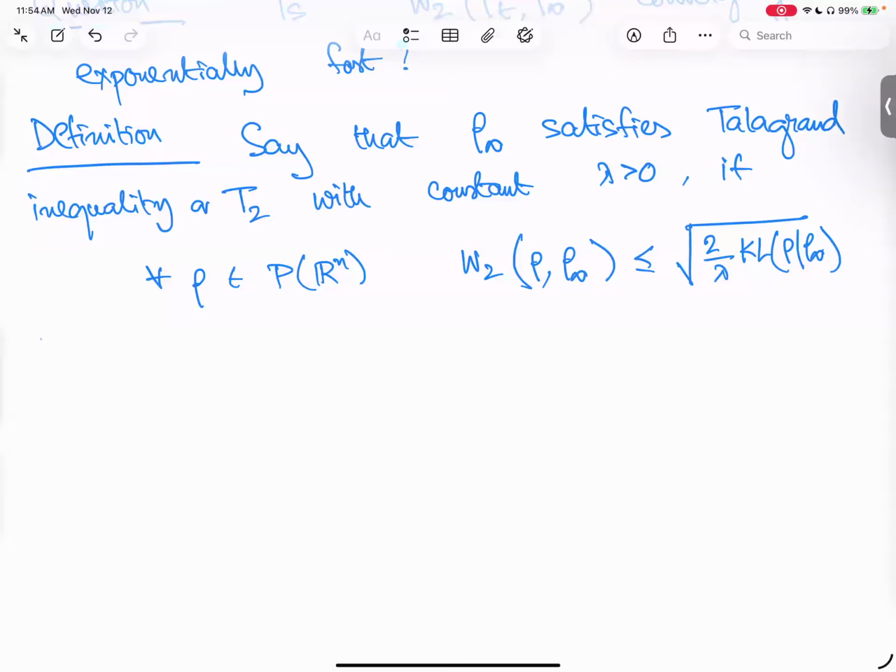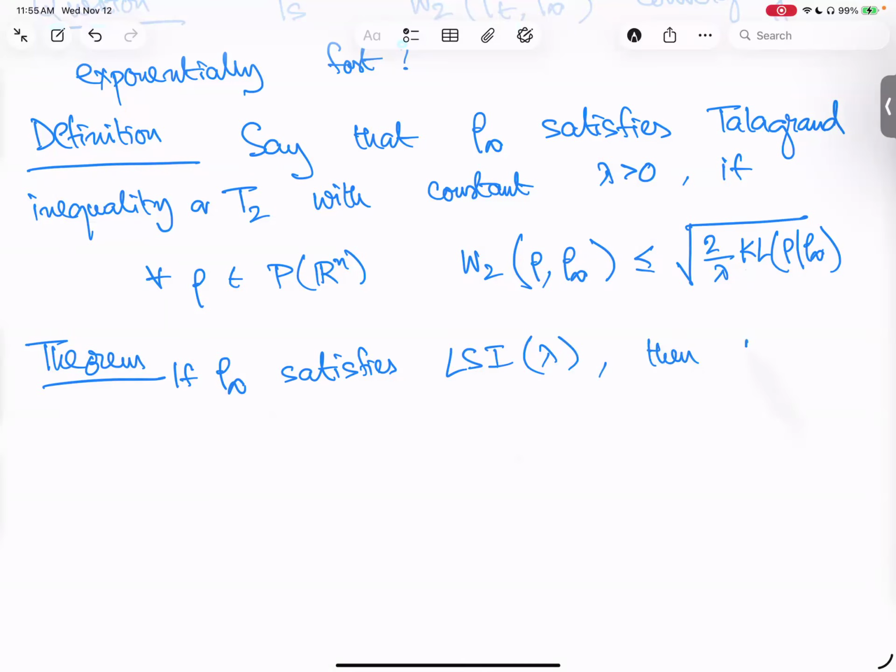So theorem: if your rho infinity satisfies the logarithmic Sobolev inequality with constant lambda, then it satisfies Talagrand inequality with the same constant lambda.